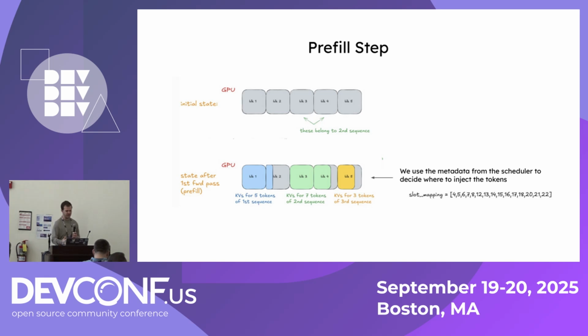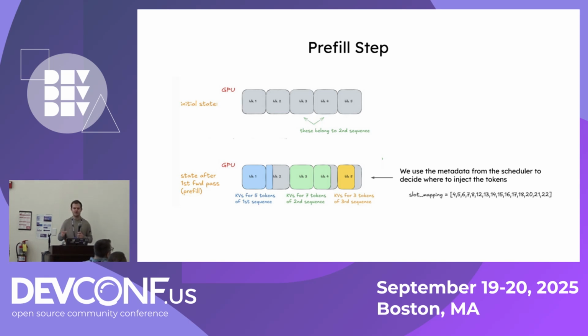Then on the GPU side, during the forward pass, the actual physical RAM will be empty. During the forward pass, we use the metadata that the scheduler gave us. The scheduler gave us what's called a slot mapping, which tells us where every individual token should be inserted into the KV cache. So during the forward pass of the model, after the Ks and Vs are computed, we inject them during the prefill step, which is the prompt processing.